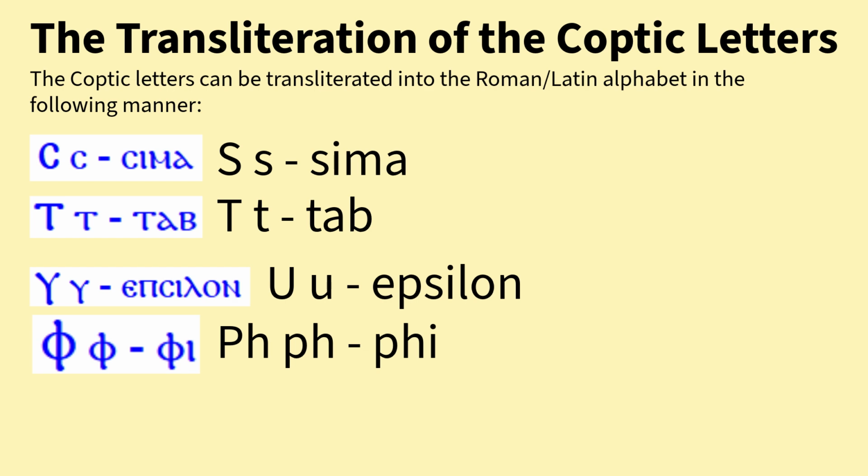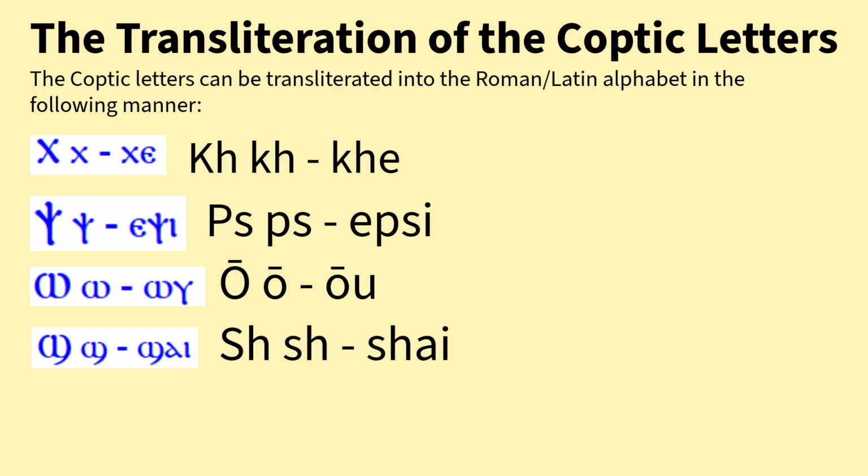However, in the old Boharic pronunciation, which I intend to use, this is pronounced as B. So we have Sima, Deb, Absilon, B. We then have the letter K, which is pronounced as if it was simply K-A, K. Now it's transliterated as KH, but generally in the old Boharic pronunciation it gets pronounced as a K.